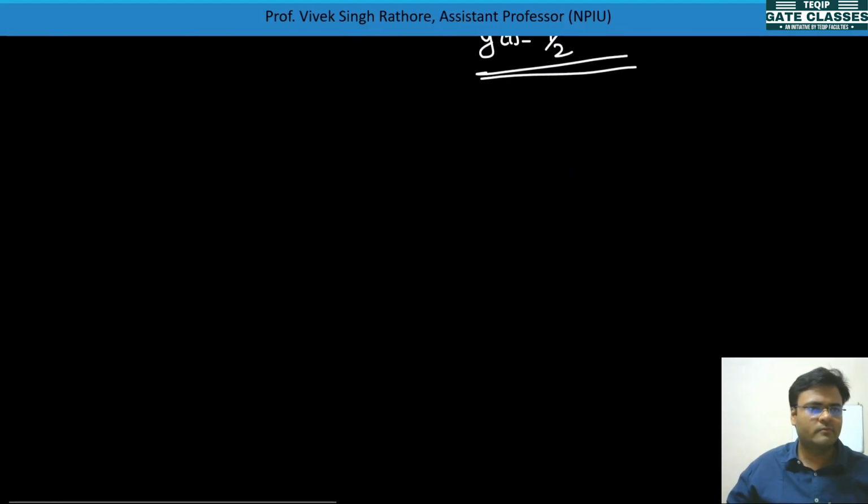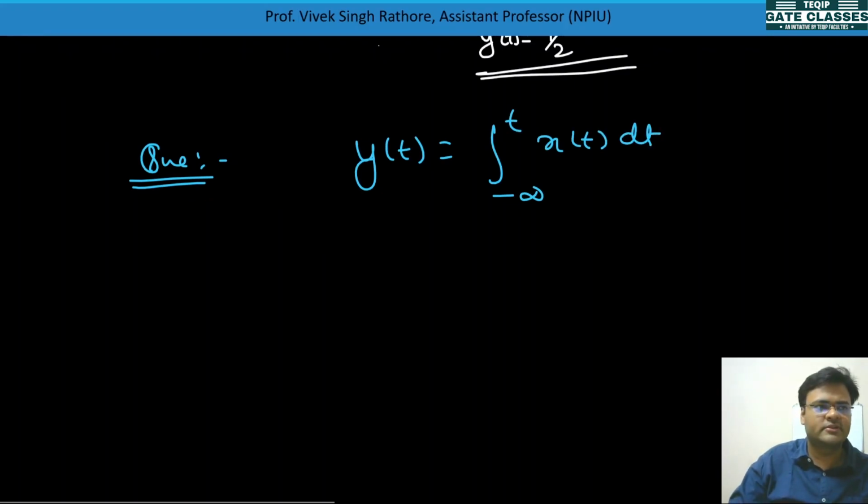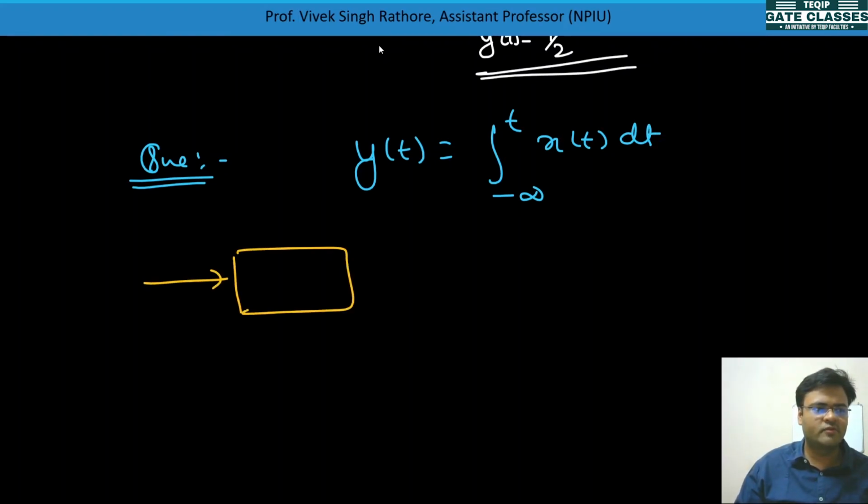Now we'll see one more type of system, like integration: y(t) is equal to the integral from minus infinity to t of x(t) dt. First we'll understand what this system is doing.